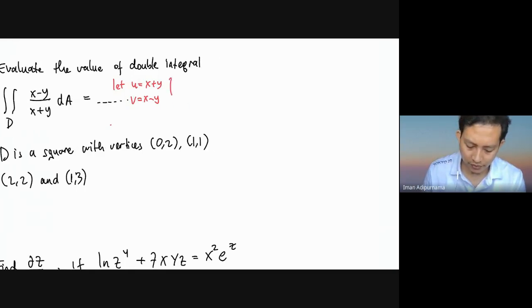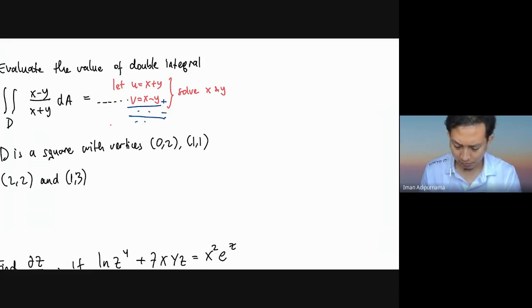Okay, solve for x and y, right? If you add or subtract these, you will get the relation between x and y for the solution. So you have x is half (u plus v), and y is half (u minus v).